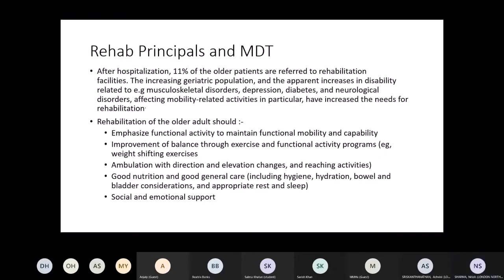So this should emphasize functional activity to maintain functional mobility and capability, improvement of balance, through exercise and functional activity like weight shifting exercises. This would help the patient gain muscle mass and also become more confident. So ambulation with direction and elevation changes, and good nutrition, which is very important.